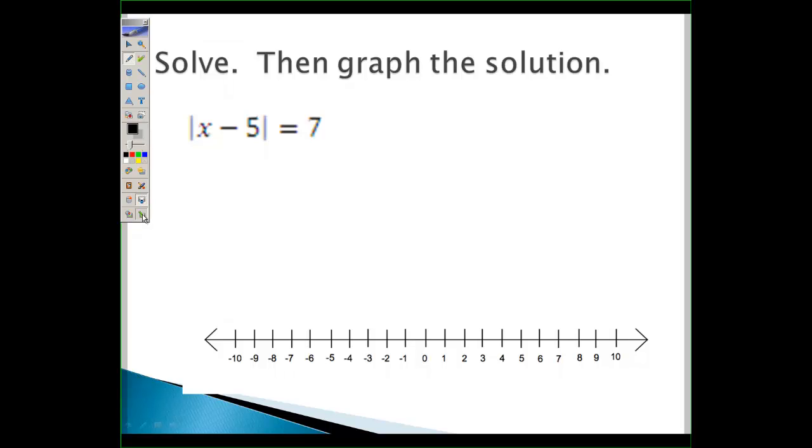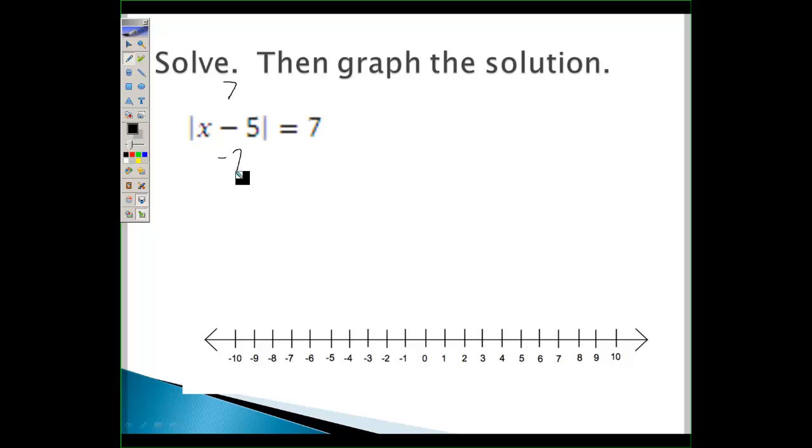Let's add one little more step of difficulty. Let's say the absolute value of x minus 5 equals 7. Now, kind of like the last example, I need a value here that's equal to 7 or -7.